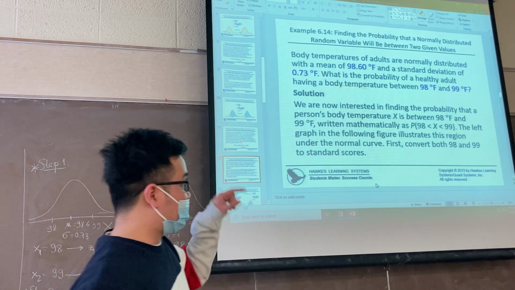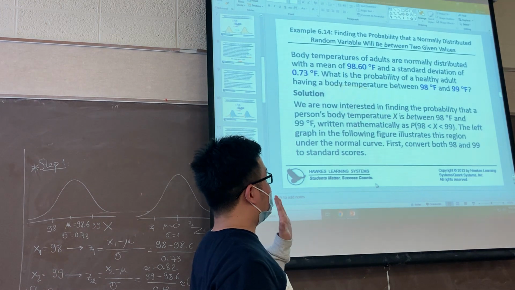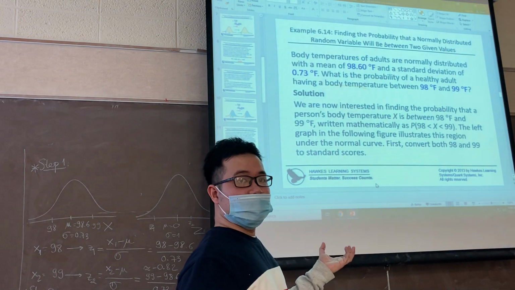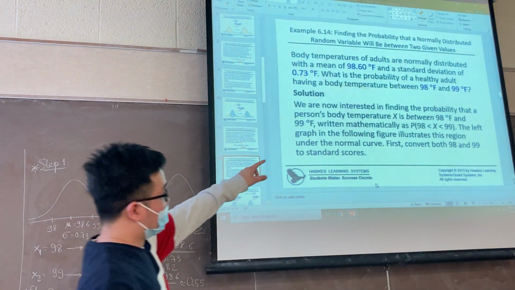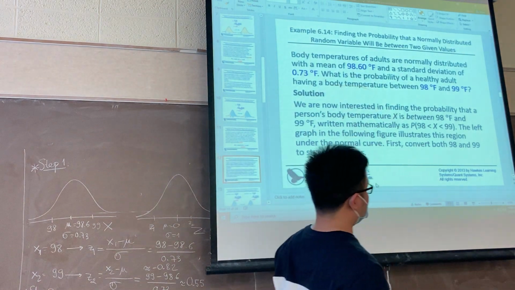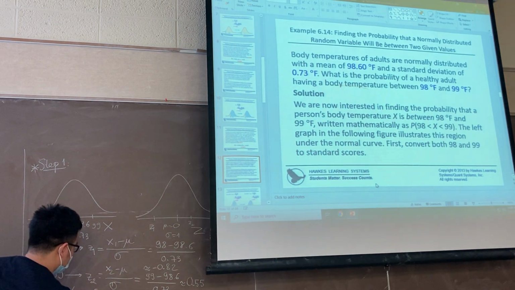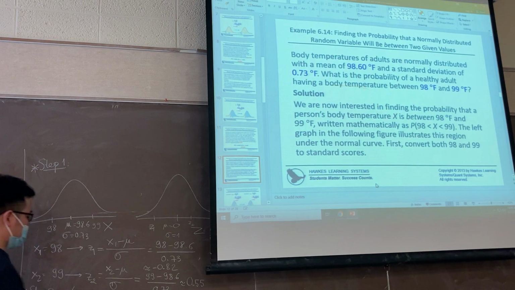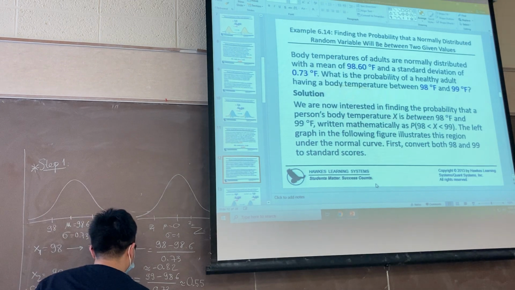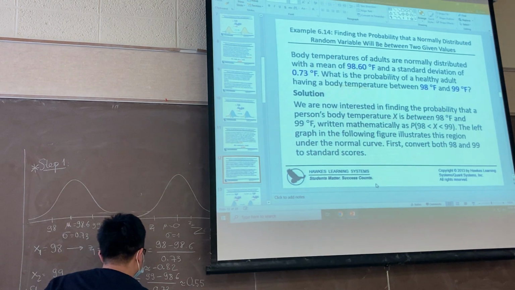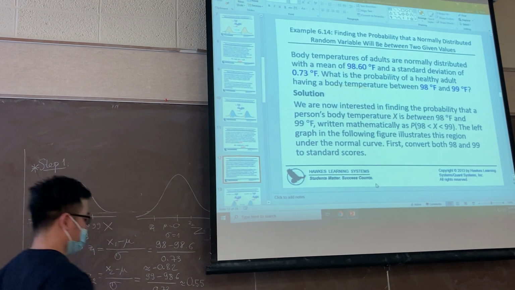The question here asks you to find the probability of a healthy adult having a body temperature between 98 and 99, right? That is the question. So the question is to find the values of x between these numbers. So it is approximately equal to the probability of this value less than z less than this value, right?